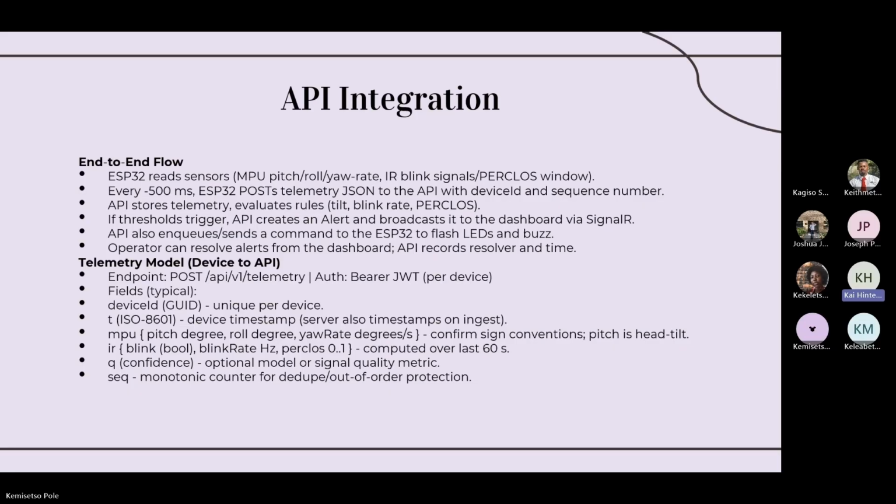Then this alert will instantly show on the dashboard, and when it pops up on the dashboard, it will immediately send the alert back to the ESP, which is where we have a buzzer and some LED lights that will wake up the person.